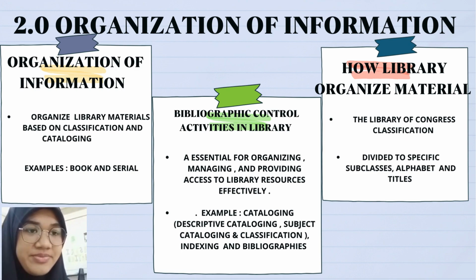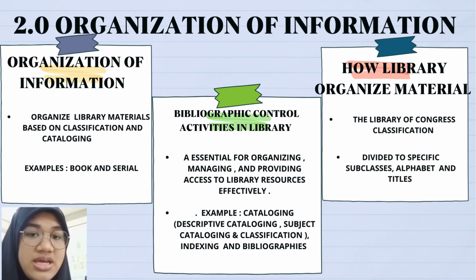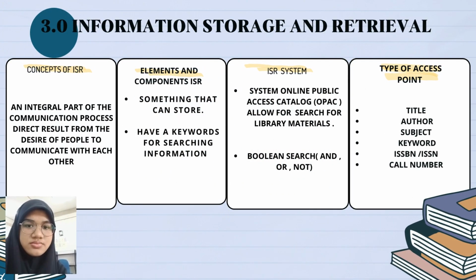Other than that, this system divides all knowledge into 21 basic classes that are each identified by a single alphabet letter and title. Most of these alphabetical classes are further divided into more specific subclasses, identified by two or three letters.